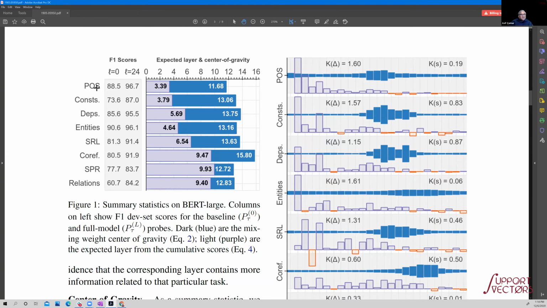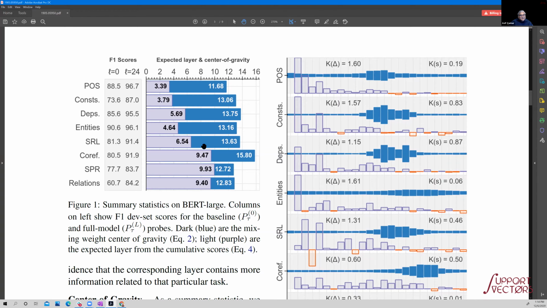So what you see is that as you go layer after layer after layer, part of speech tagging starts early, in the earlier layers. Then constituent parsing comes a little bit later, dependency parsing a little bit later. Entity recognition, on the other hand, starts a little bit earlier.